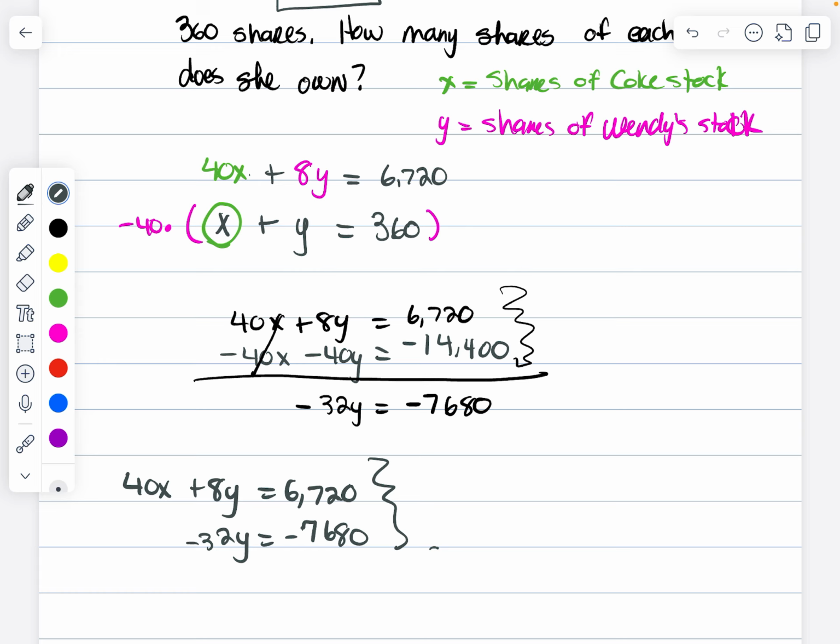This is what we have now. If we're to write what just happened in this step, we took negative 40 times our row 2, added it to row 1, and replaced it in our row 2. That's how we got this right here, and this is the work for it.